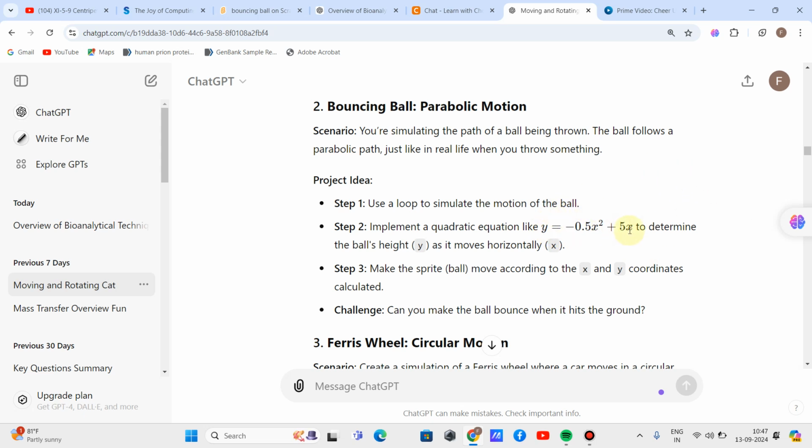But those three equations of motion for uniformly accelerated motion are based on the input time, but I'm going to take the input x, which is the x-axis distance of movement of the ball.